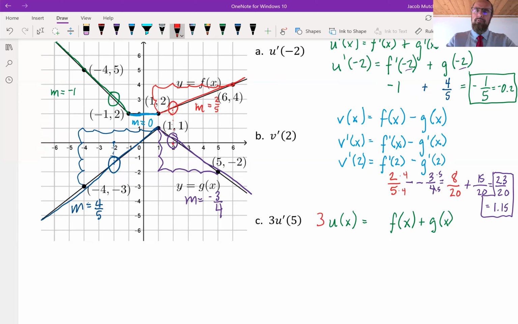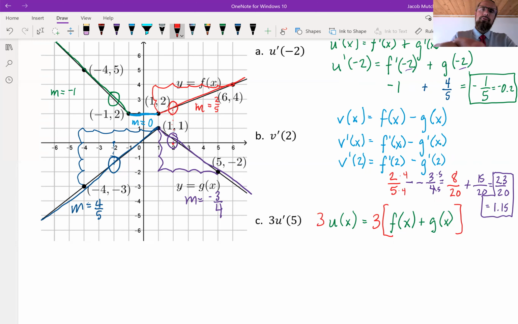If I'm looking for 3 u of x, that's really 3 times brackets of f of x plus g of x. The constant multiplier just sits out front, but it does need to be distributed to both, or add f of x and g of x up and then multiply by 3.